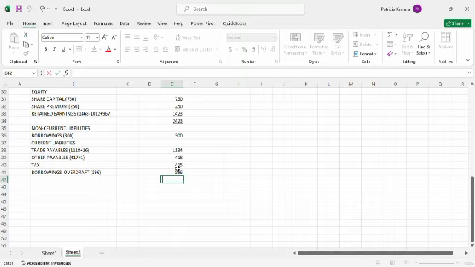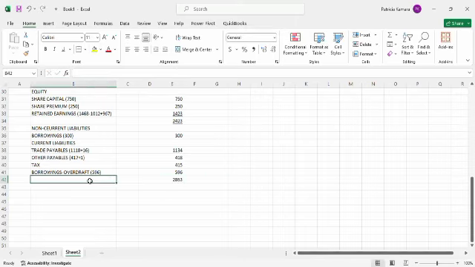That will give us 2863. These are total liabilities. You can actually subdivide them, but that's just fine.